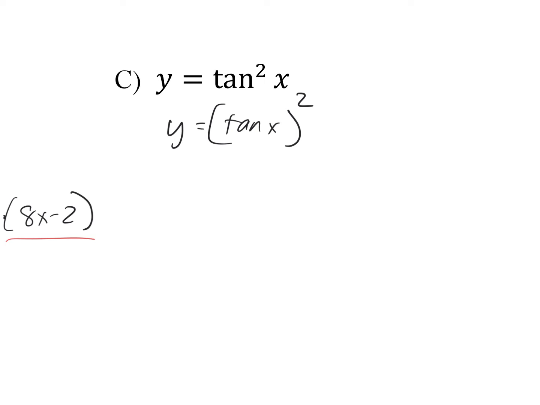So if I give you tan squared of x, guys, that's no different than saying the tangent of x, the quantity squared. So if I go to take that one, I'm going to start with dy dx. I'm going to say 2 times the tangent of x, that's just taking the derivative of that outside function, times, then we have to use the chain rule, multiply by the derivative of the inside function.